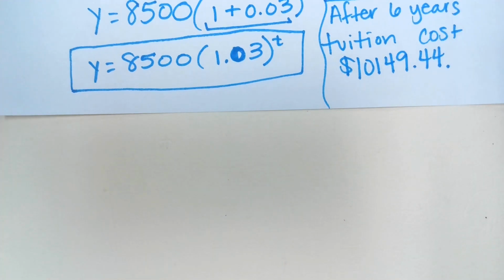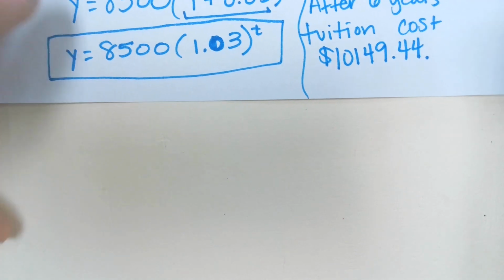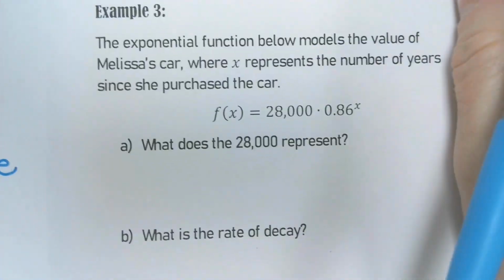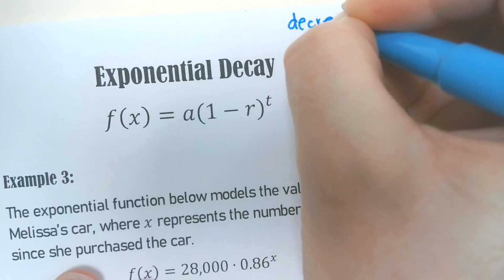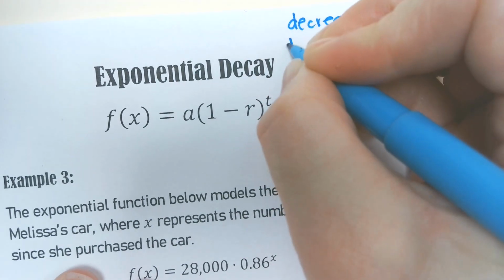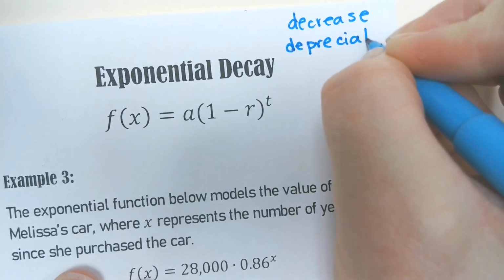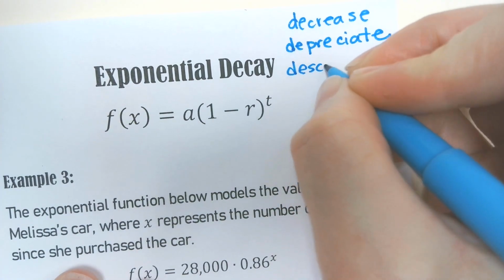All right, let's look at exponential decay now. So exponential decay, you're going to see the word decrease, depreciate, descend.